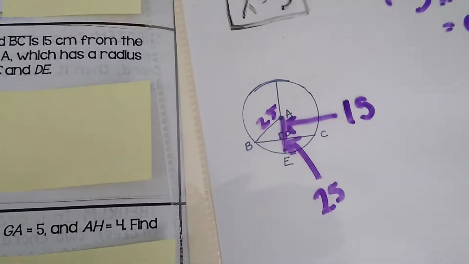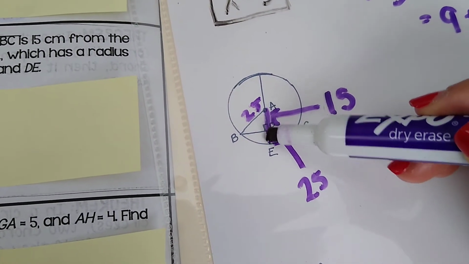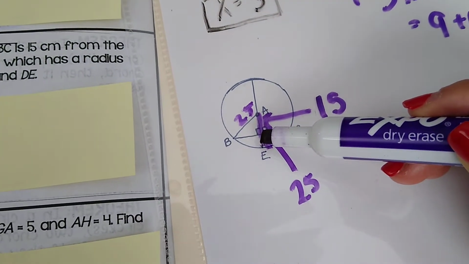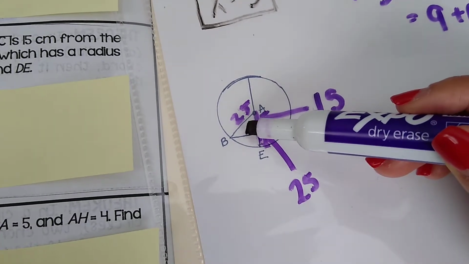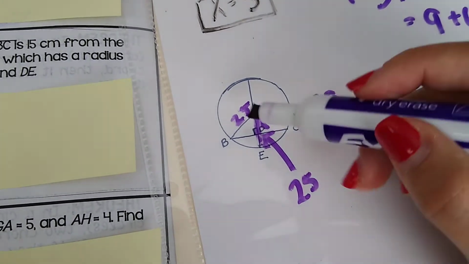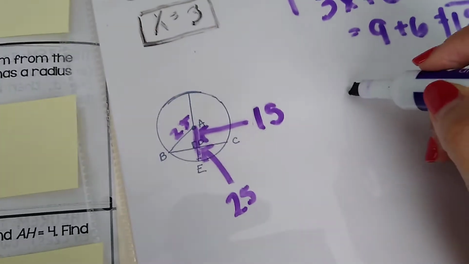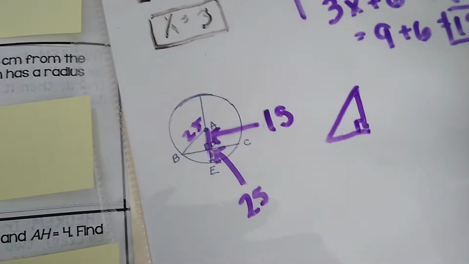So now, if the whole thing is 25 and I know this is 15, then I know this little part here is going to be 10. So now I need to figure out what this part is. Well, this is a right triangle right here because I know that this is a right angle. So I'm going to expand this triangle here.